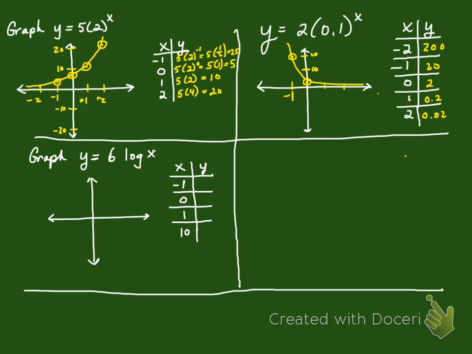And when x is 1, we get 0.2. And when x is 2, we get 0.02. Now, when you look at these first two graphs, you'll notice that the b value in the first graph has a value of 2. It's increasing. In the second graph, we have a decreasing function.